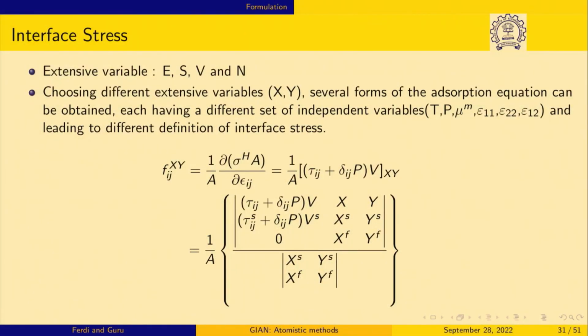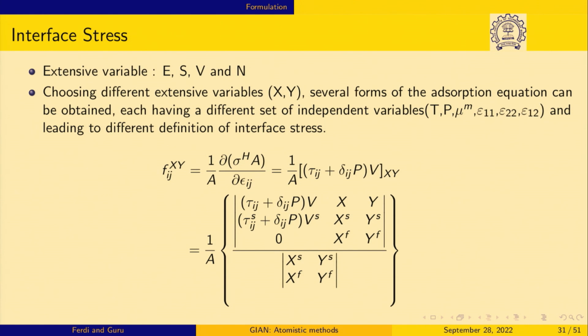Now, you have extensive variables E, S, V, N, and you can choose any two from these independent variables T, P, mu, epsilon 11, epsilon 22, epsilon 12. You keep them constant and then you calculate. So, the change in interface free energy differentiated with respect to epsilon is basically the surface stress.